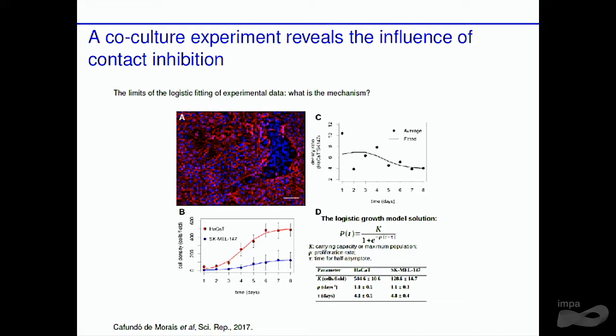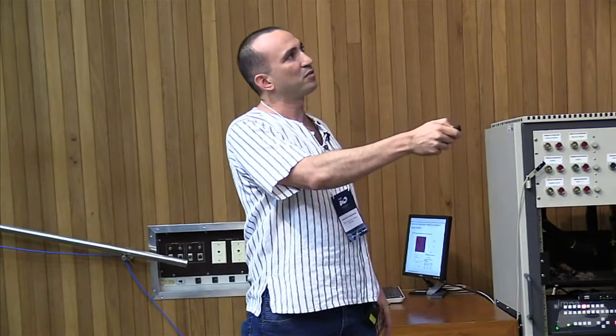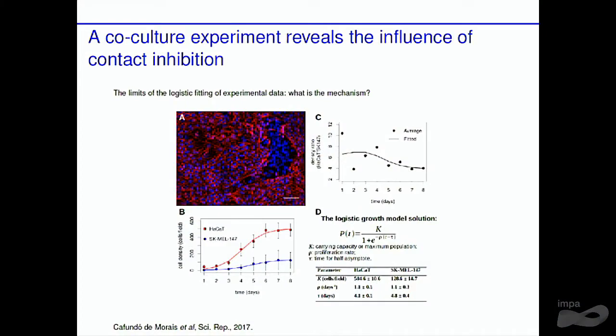After a while, here, 8 days, we observe that the well is fully covered. But instead of getting a nice mixture of all cells, what we have is the formation of clusters of melanoma cells, those blue ones, surrounded by a sea of keratinocyte cells or normal cells.